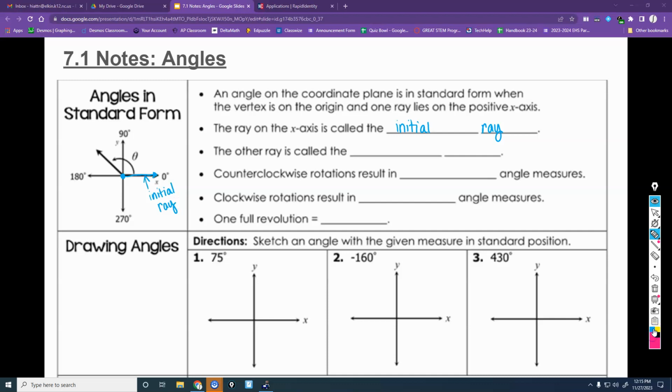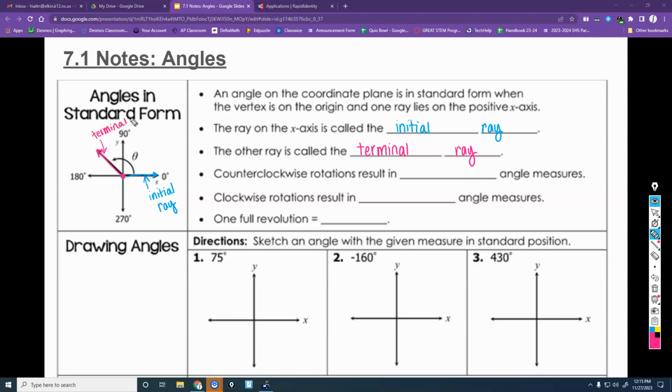And then the other ray of the angle, because an angle is just two rays that share a common endpoint there, the other ray is called the terminal ray. So this one right here would be our terminal ray.